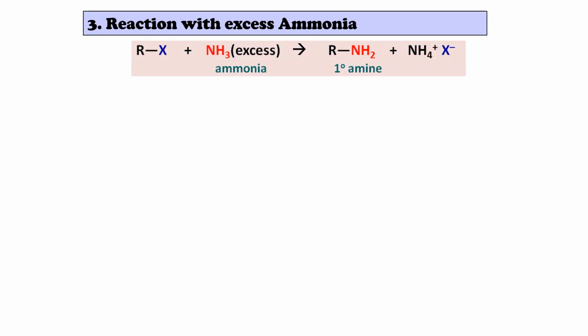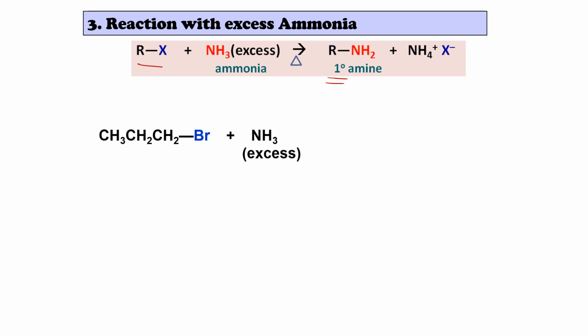Reaction with excess ammonia. For example, RX, haloalkane, reacts with excess ammonia, so the product is primary amine, NH4 plus X minus as a leaving group.